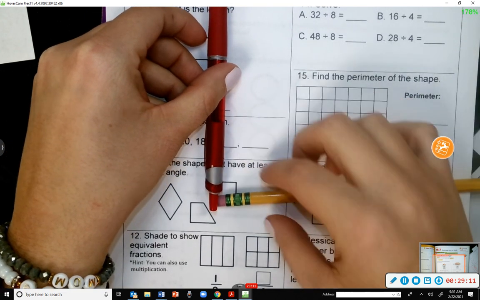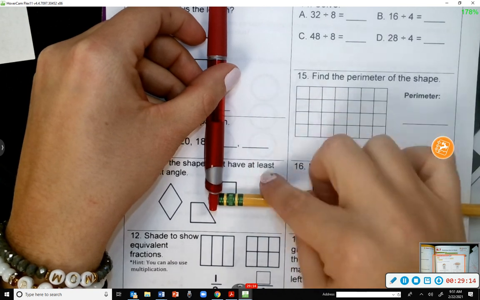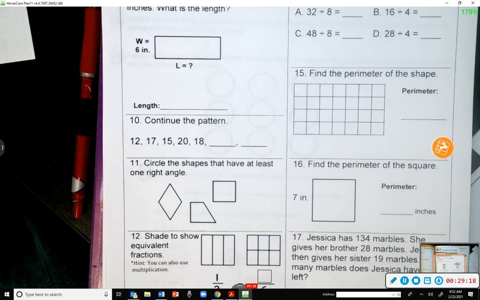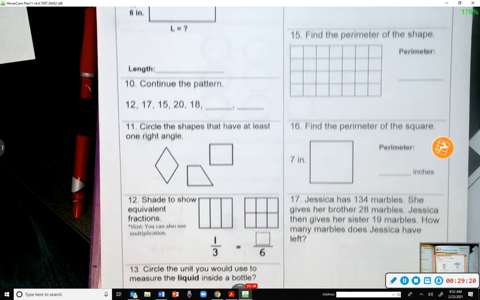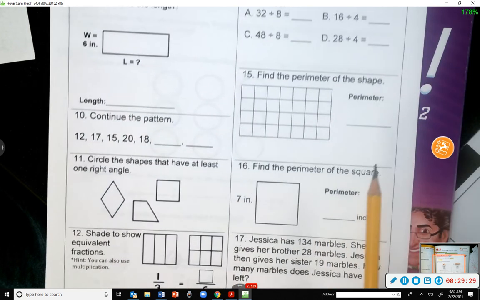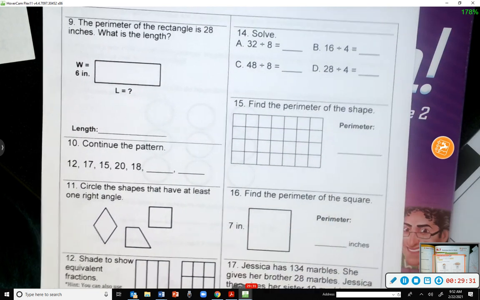If I'm making a right angle, it has to be a perfect L shape. Okay? That's a right angle. And then what we just talked about, circle the unit you would use to measure the liquid inside a bottle. Okay, some more perimeter, division, and word problems.